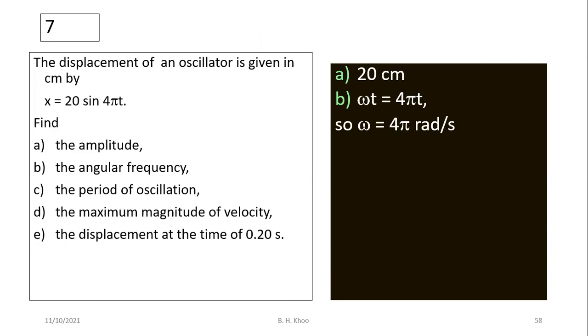Yeah, B is 4 pi. Oh, okay. What's the period? C period, 1/4 pi. Work it out. There you go.